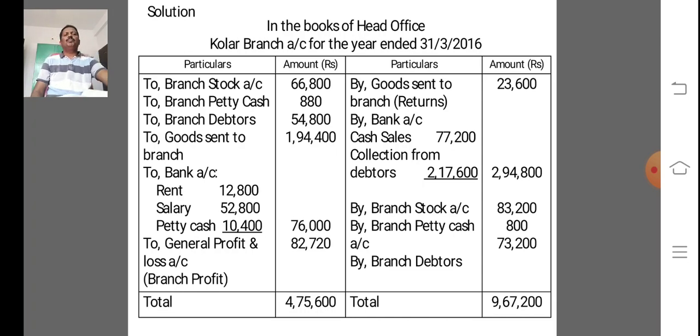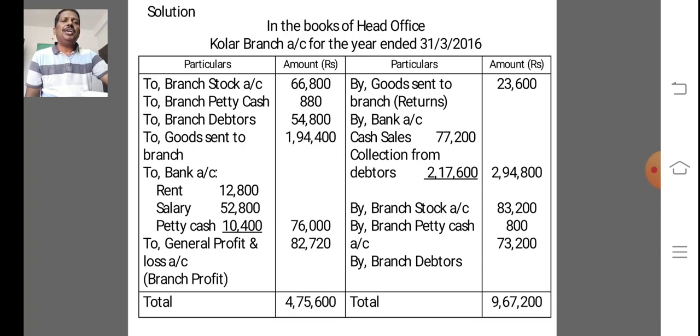In this problem, returns from branch to head office are 23,600, and by bank account, that is the remittance made by the branch to head office out of collections from debtors, cash sales and other receipts: cash sales 77,200, collection from debtors 2,17,600, total 2,94,800.